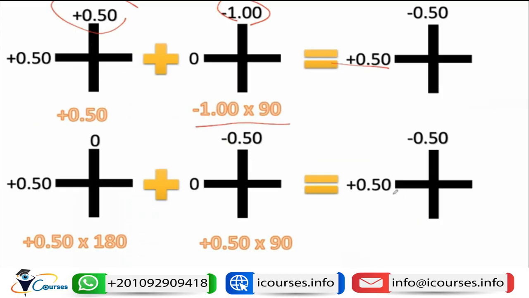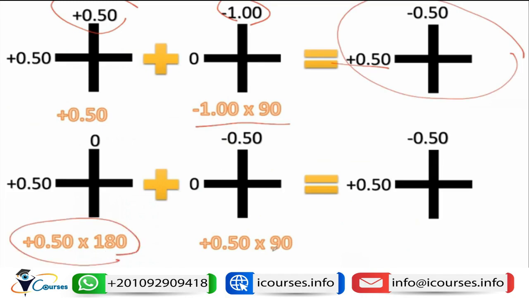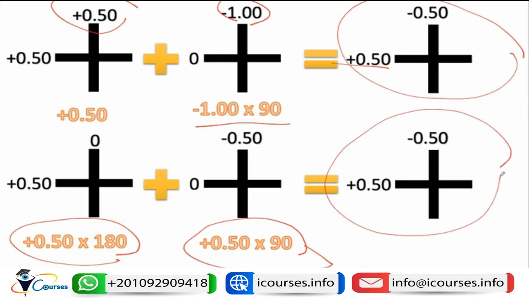So a spherocylindrical lens which has a sphere power of plus 0.5 and a cylinder of minus 1 axis 90 will be the same as two cylinders, each one having a power of 0.5 but with opposite signs and opposite axes. So this will be the same as this.